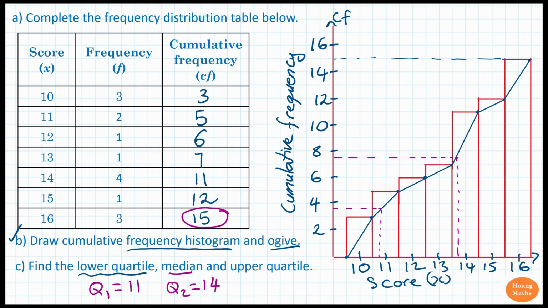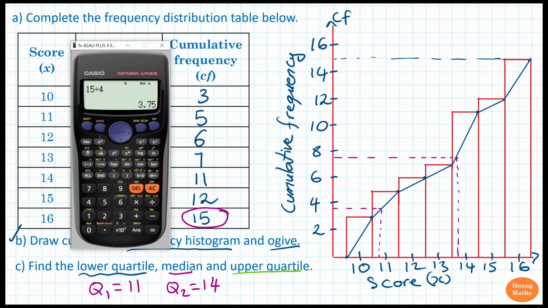And for the upper quartile, that is 75% of the score. So we can just go 0.75 times 15, or 3/4 times 15 if you like. That is 11.25.